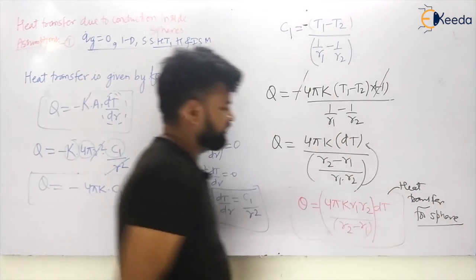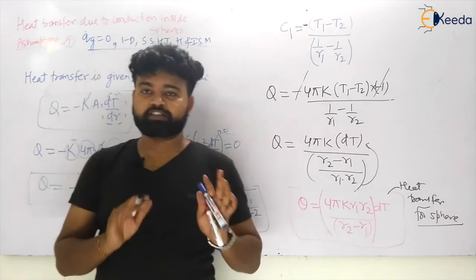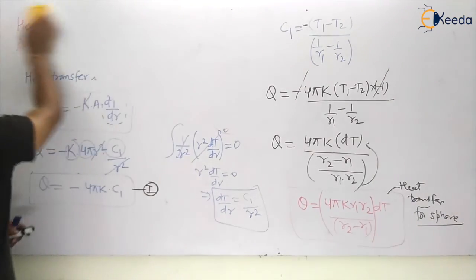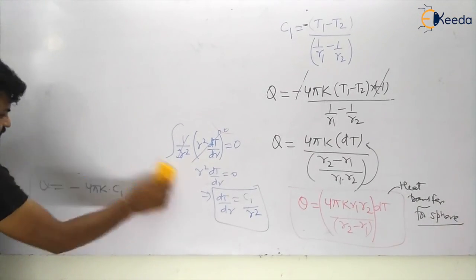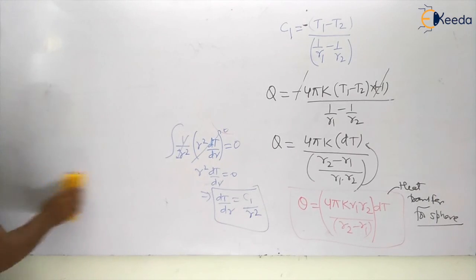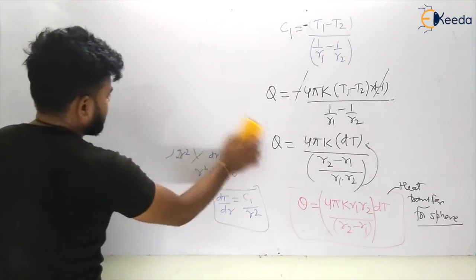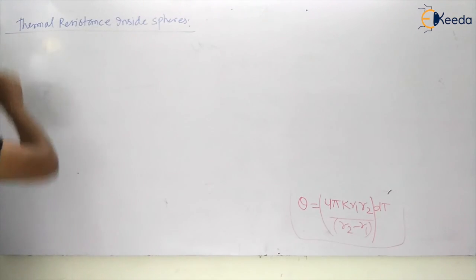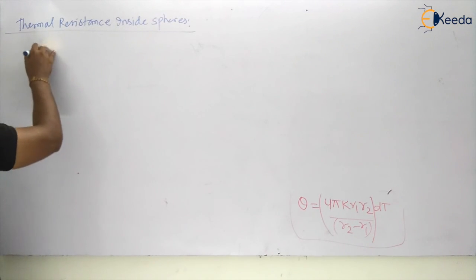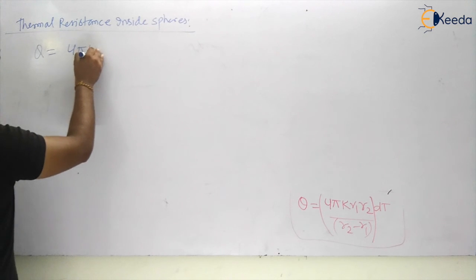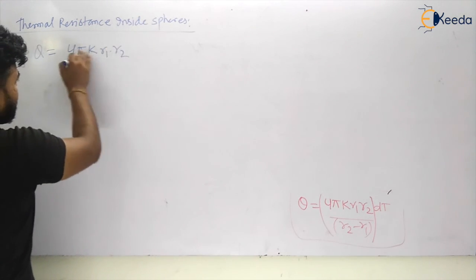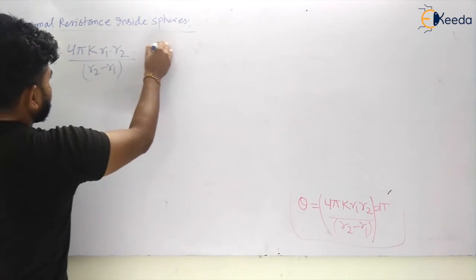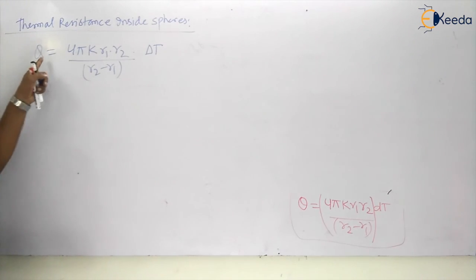So let us see what will be the thermal resistance in this case. Let us analyze the thermal resistance inside spheres. So my dear students, I know that Q is equal to 4 pi K R1 R2 divided by R2 minus R1 into delta T. So can I take this value this side?